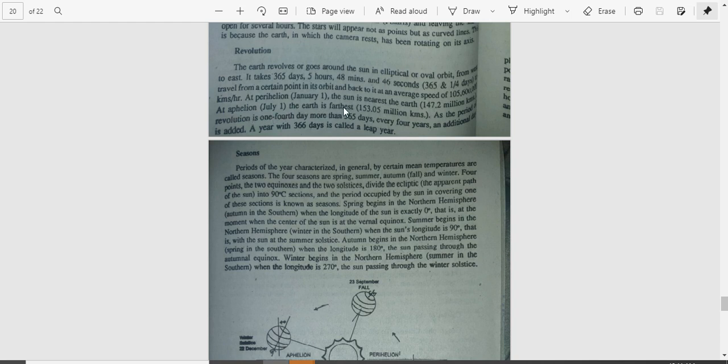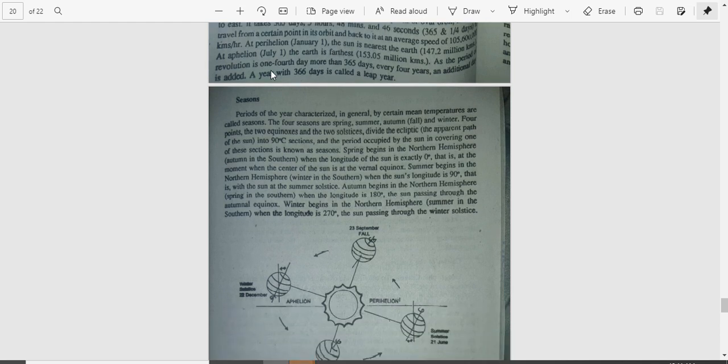So it is the farthest, during July 1. Then perihelion, which is the nearest. As the period of revolution is 1/4 a day more than 365 days, every 4 years, in addition, it is due to an added day, a year with 366 days called your leap year.